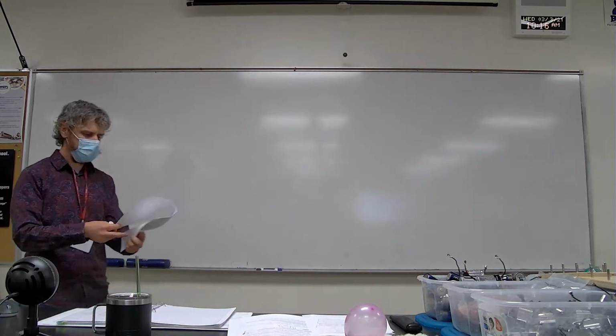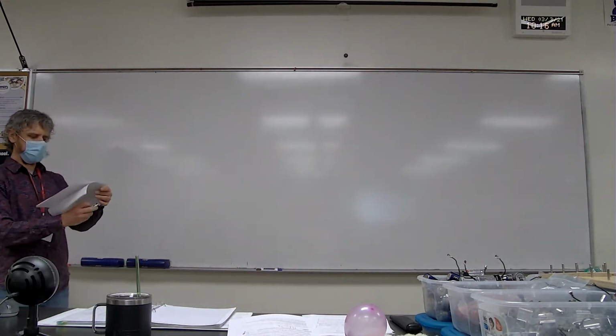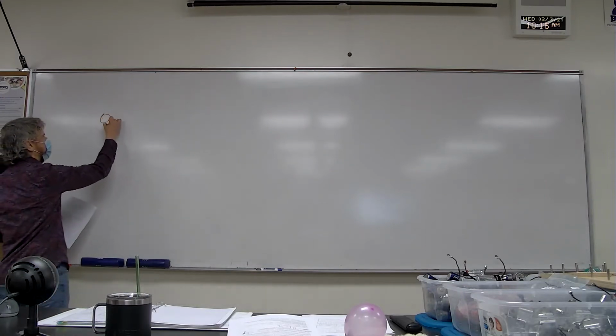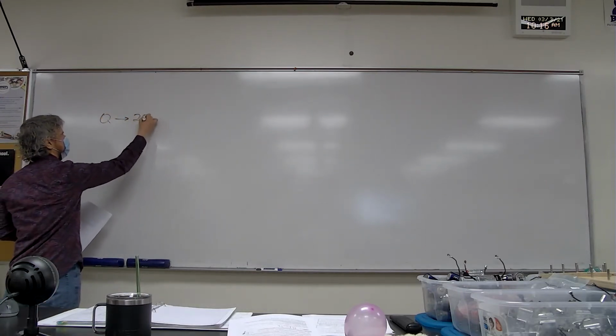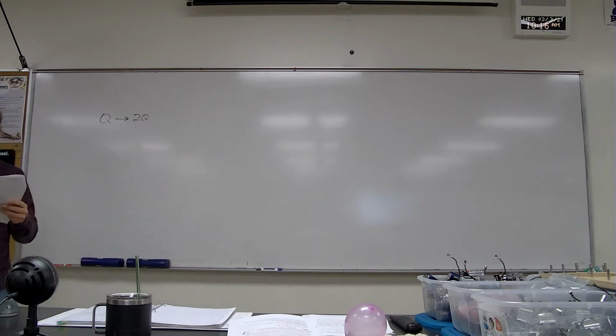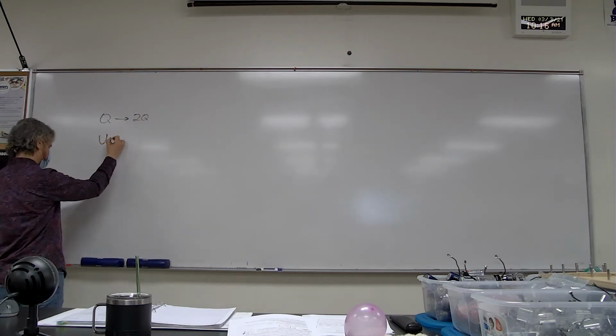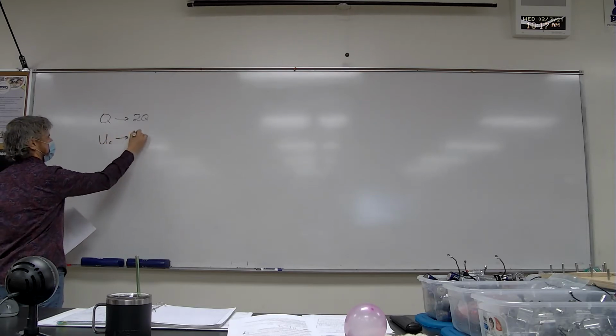So the question says, if the charge on a capacitor is doubled, so we're going to go from Q to 2Q, the energy stored is, we want to see what happens to the energy on the capacitor.